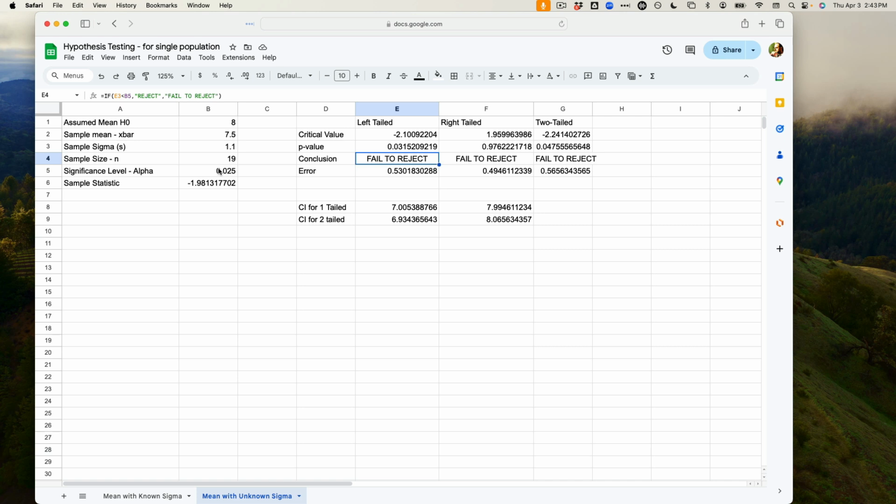The significance level is in a way saying, what probability of events are you going to say is too extreme? We said here 2.5%, but our result was 3.1%. It's not that extreme. We cannot reject the null hypothesis, okay?